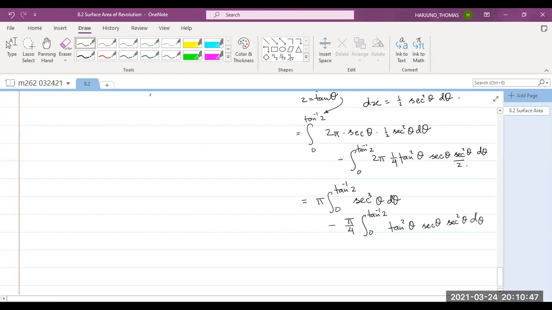Oh, should I make it tangent? This is, make it secant cubed. Okay. Then from there you go on.